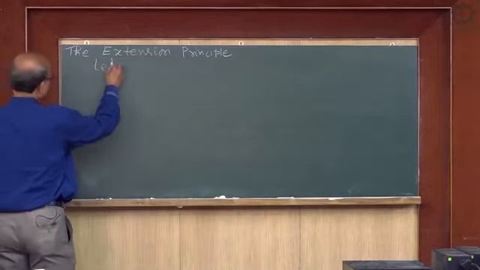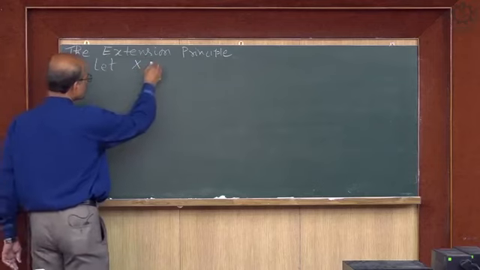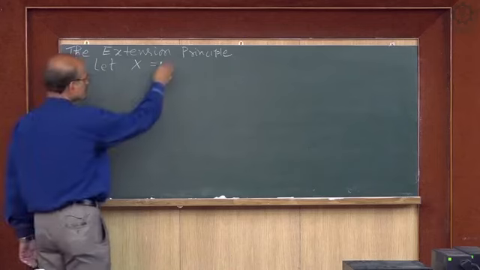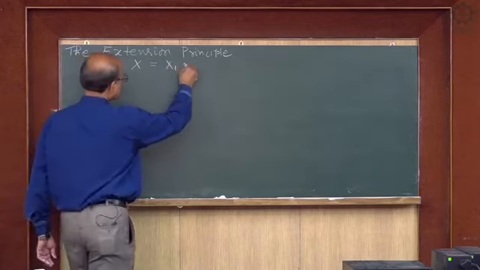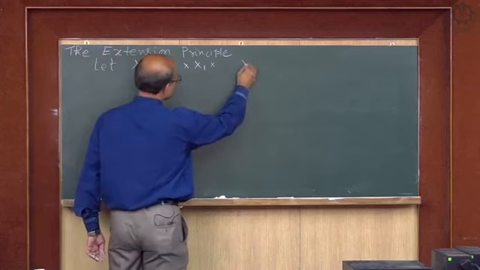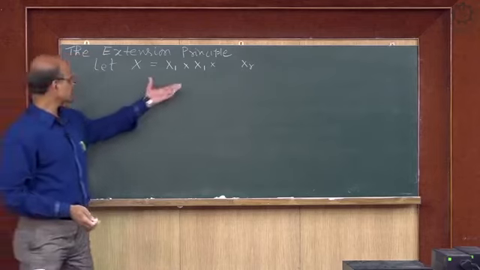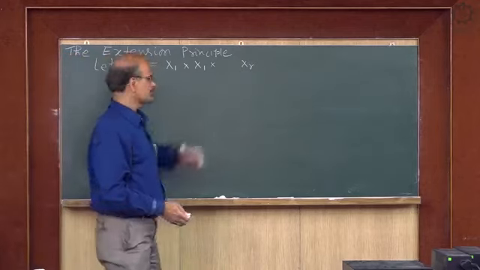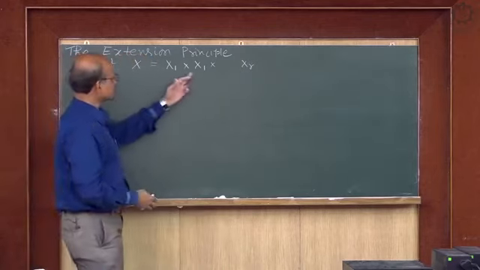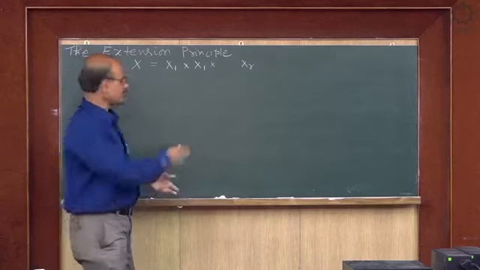So let we have the universal set X, which is actually the product set of different universal sets, x1 cross x2 up to xr, okay, product sets x1, x2, xr, and we have fuzzy sets in these as a1 bar, a2 bar up to ar bar, okay.